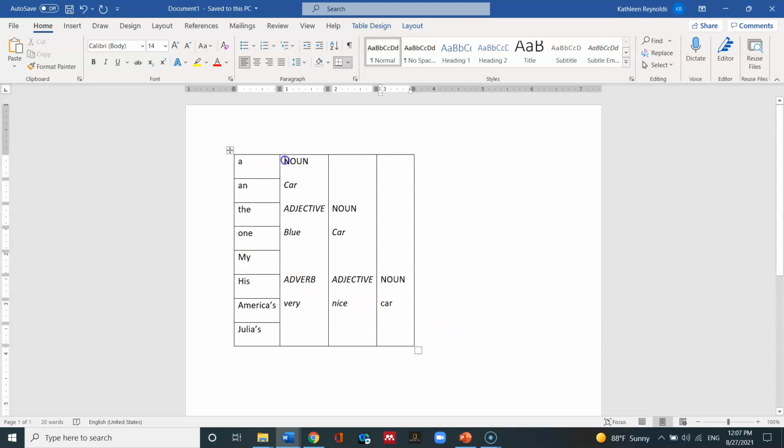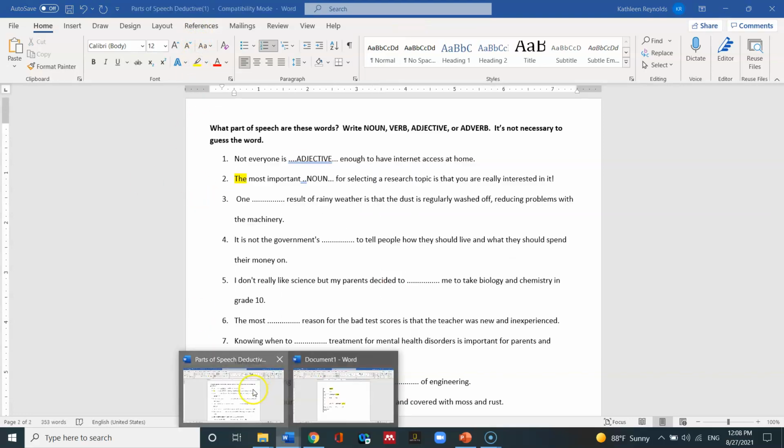The most important thing to see is that every time that we finish a phrase like that, which is called a noun phrase, we end it in a noun. It's almost always true. Okay, there might be an adjective or an adverb before it, but it has to end in a noun.